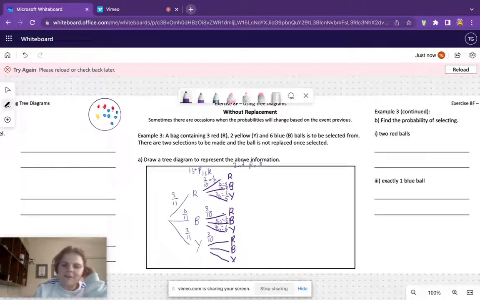Our chances of getting a blue are 6 out of 10, which is 3/5. Our chances of getting a yellow, now we already chose one, so there's only 1 out of 10 left. Now we'll write in our sample space. So we've got red, then red, red, then blue, red, then yellow, and so on.